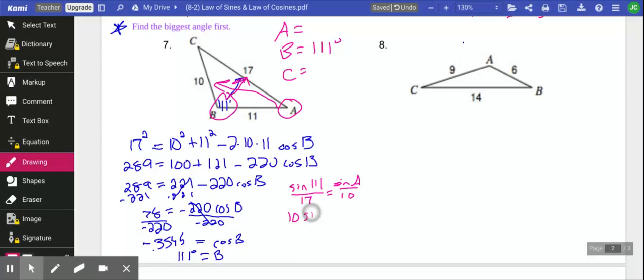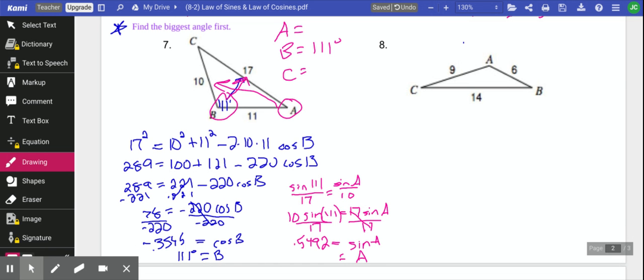So we get 10 sine of 111 equals 17 sine of A. We're going to divide both sides by 17. Don't forget to close those parentheses. So 10 sine of 111 divided by 17 gives 0.5492-ish.